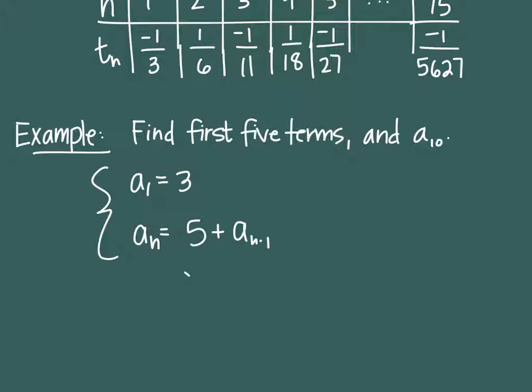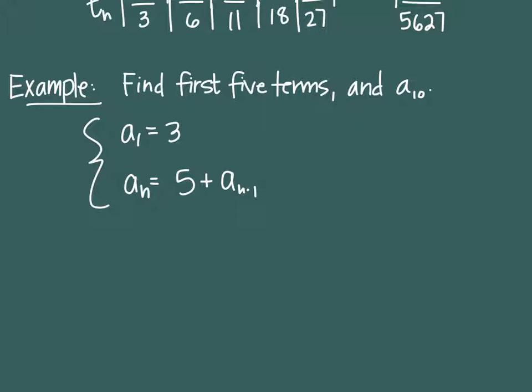And so this is identified as a recursive sequence because it's not based on just regular n, it's based on a sub n minus 1. N minus 1 always refers to the value of the previous term. Okay, the value of the previous term.